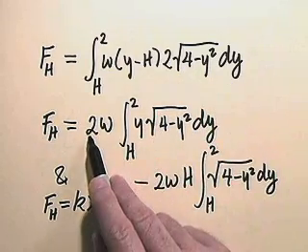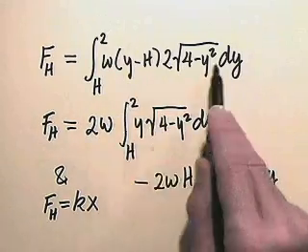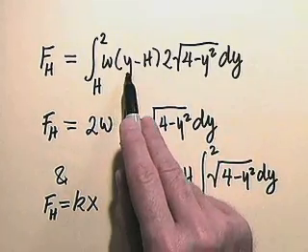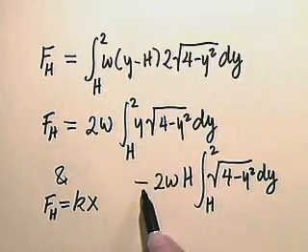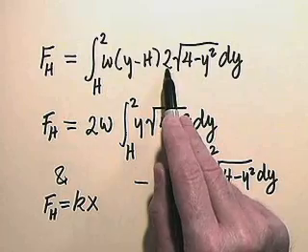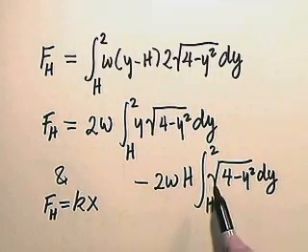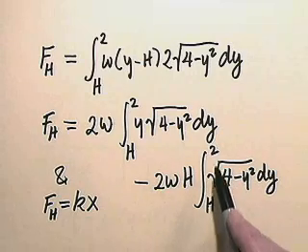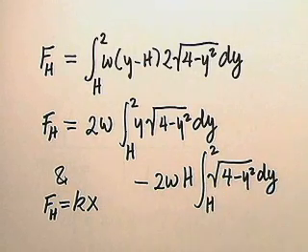Of course, we can take out the 2w and break this up into two terms. Notice the first term is just y times the radical, and in the second term, the constants that come out now are 2h and w. So negative 2wh times the integral from h up to 2 of the square root of 4 minus y squared dy.